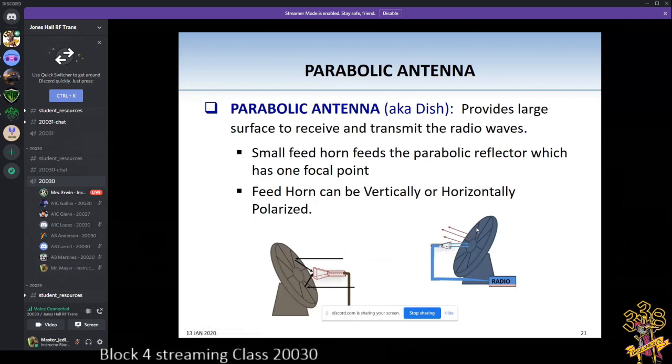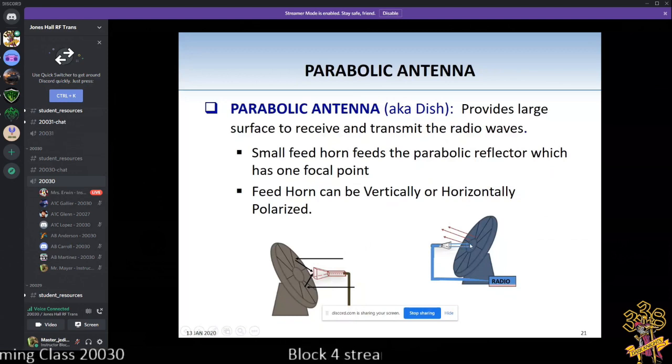On your transmit side, the signal comes out your radio through a transmission line, and then a feed horn, or a horn antenna called a feed horn, is going to transmit that signal to the center of the dish. The way the dish is shaped is going to focus all that energy into a tight beam coming back out.